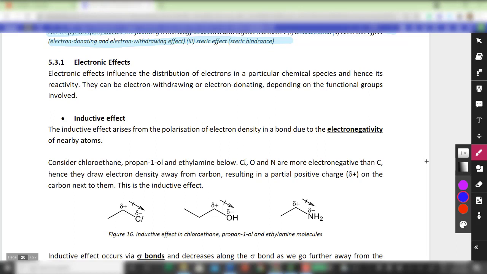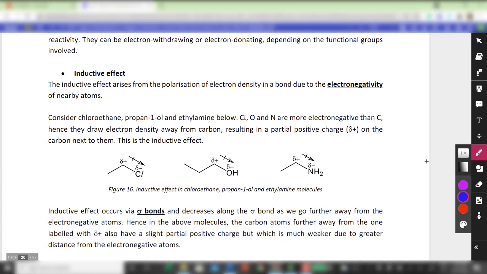It really depends. For the enhancement of electron density, we usually say that there is the presence of an electron donating group. For the reduction in electron density, we usually say that there is the presence of electron withdrawing groups.